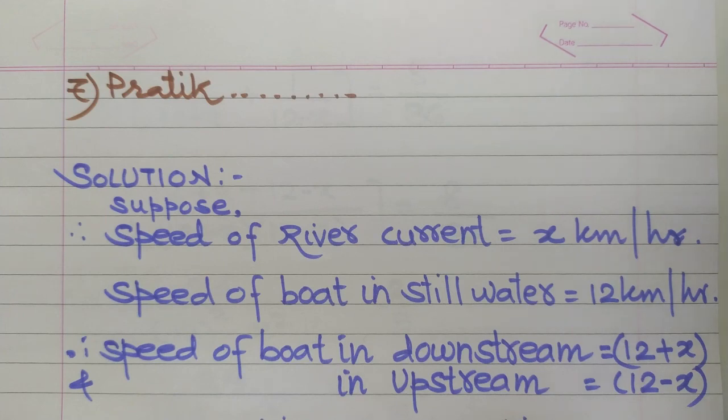So this is your problem. We shall start solving the problem. What is asked? We have to find the speed of the river current. Suppose the speed of the river current is equal to x kilometer per hour.